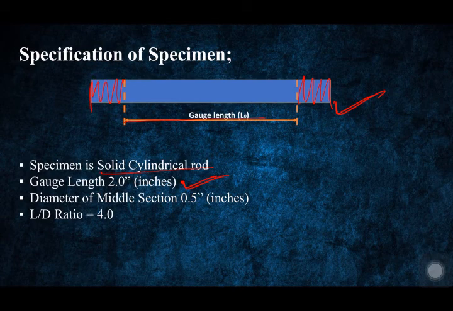This way we can generate uniform stresses within the gauge length, and the middle diameter we prescribe as 5 inches. L by D, where L means gauge length and D means middle section diameter, should be exactly 4. Now let's proceed with the experiment.